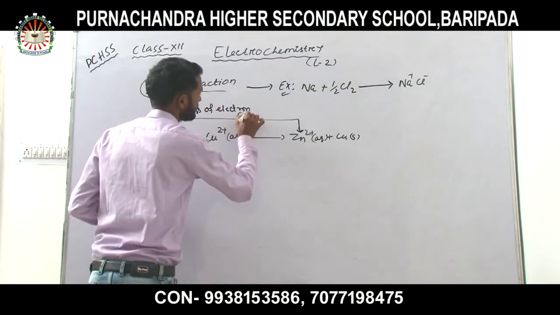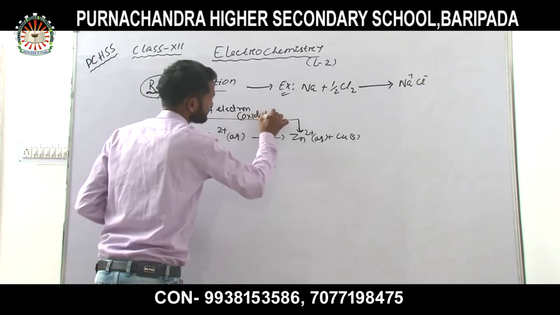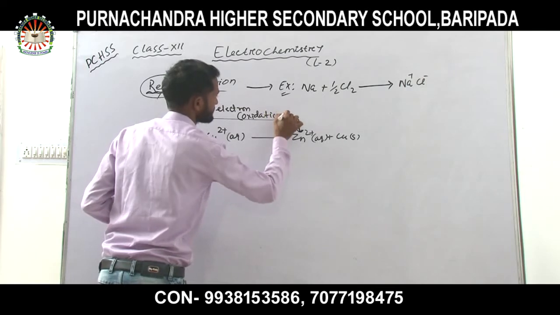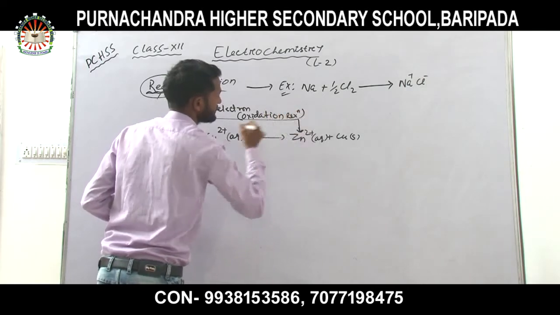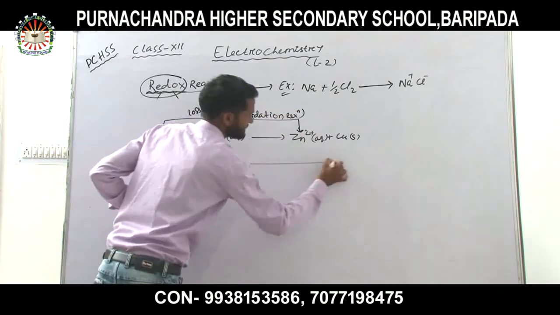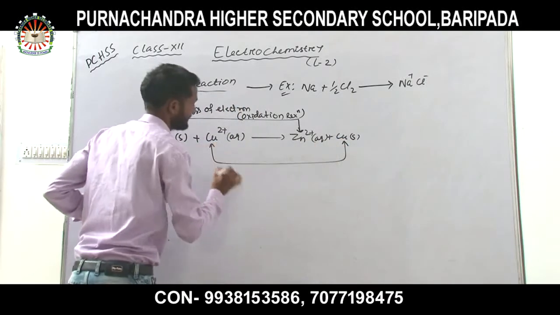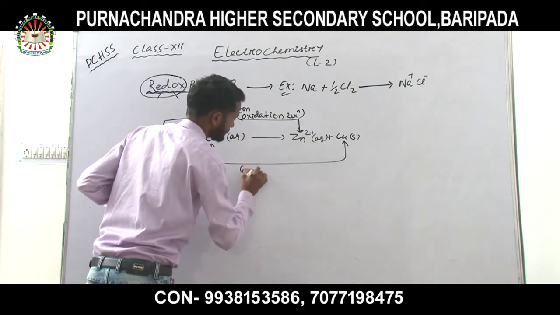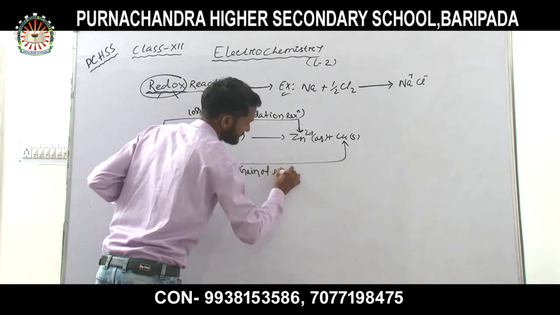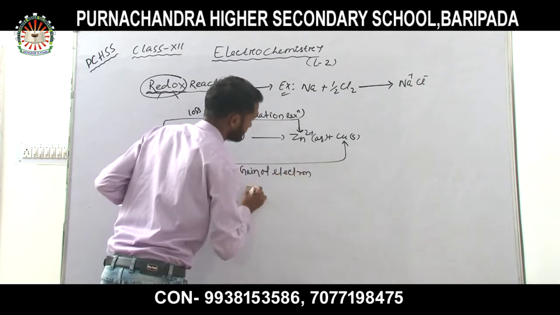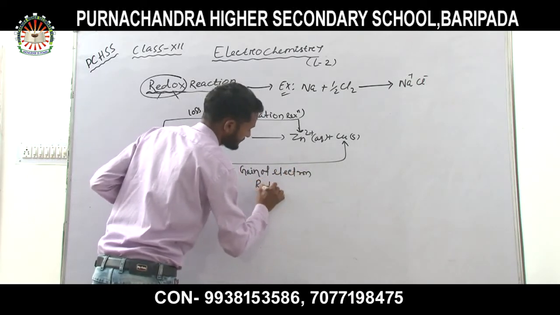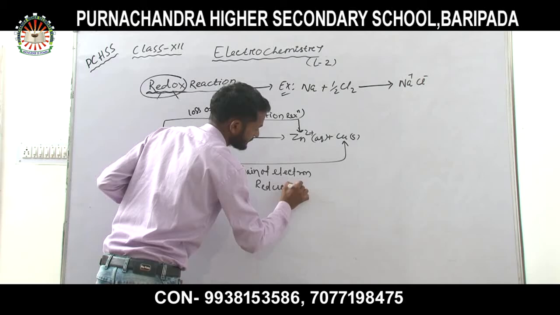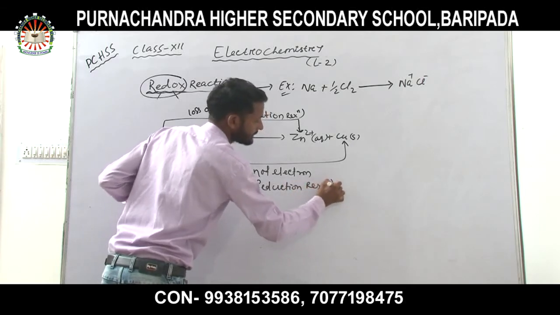Where oxidation takes place, there is loss of electron. But in the case of copper there is gain of electron, so the reduction reaction is taking place.